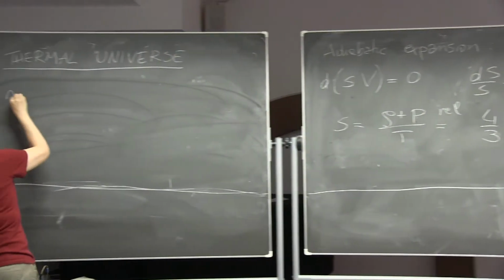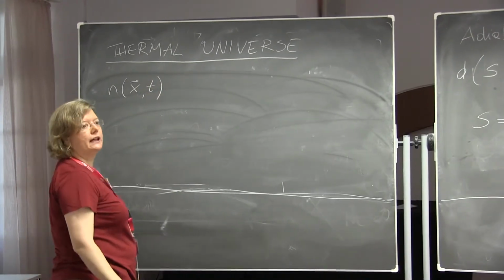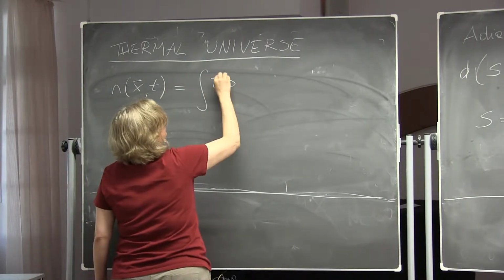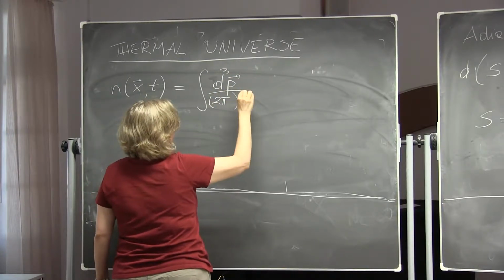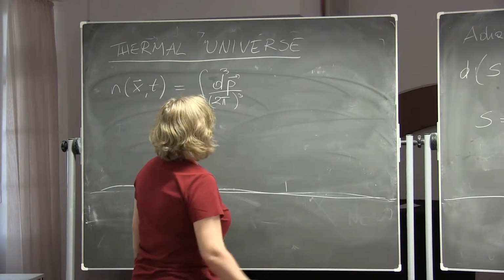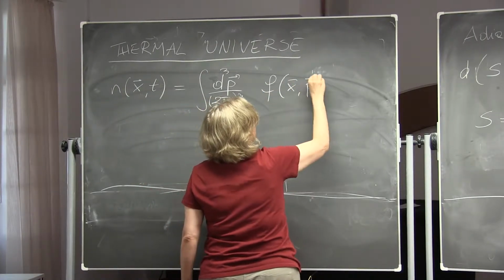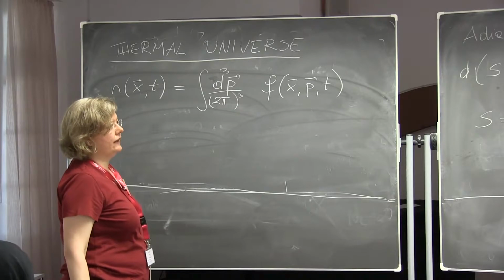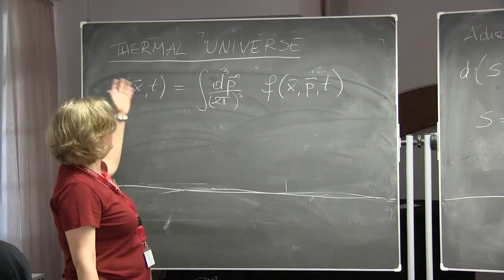So as usual in kinetic theory, I can have a number of particles which in principle can depend on x and t, which is nothing else than the integration in p, with the appropriate factor of 2π and of course also the h bar if you want to keep track of that, of the distribution function. This is really a density in phase space, so if I integrate it in momentum, I have the number of particles at a particular position x and time t.